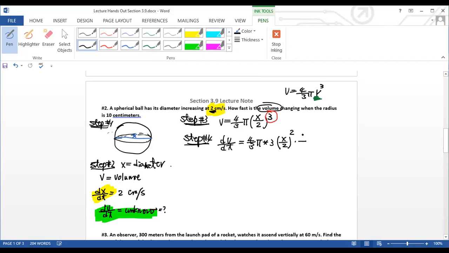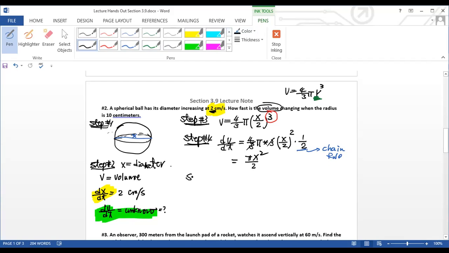Then don't forget the chain rule, so you need to do the inside, right? Then you simplify a little bit. Here, this 3 and this 3 cancel, and this 4 and this 4 cancel, so I really only have 2 and pi x squared, right? Okay, so now that's good.